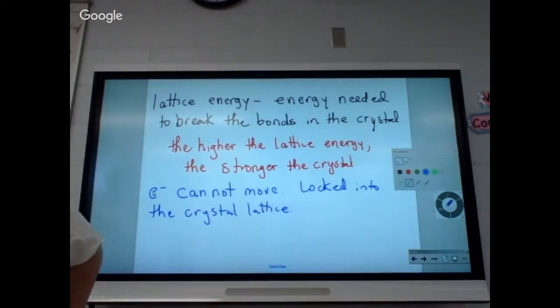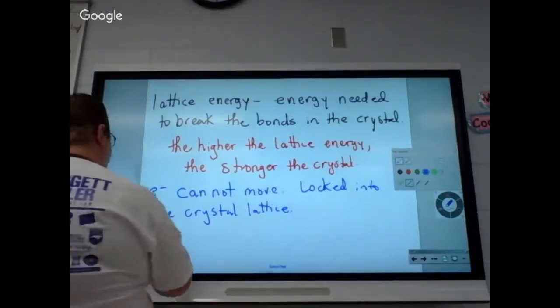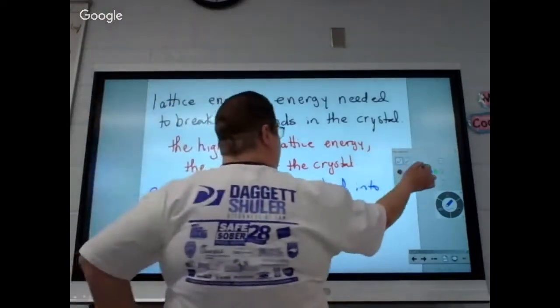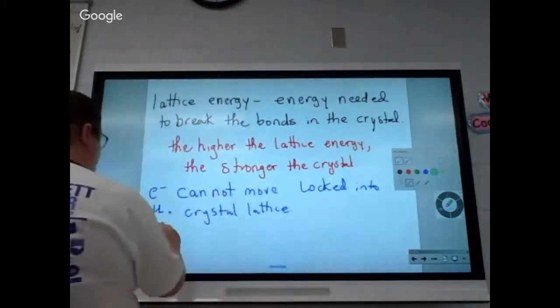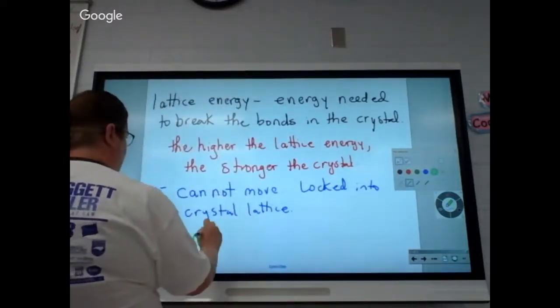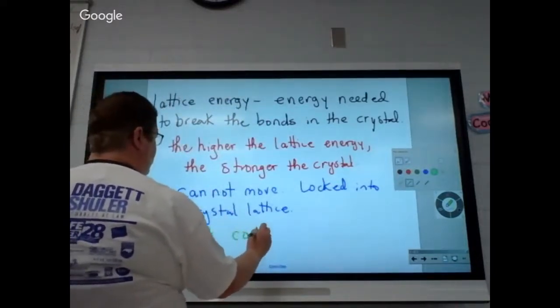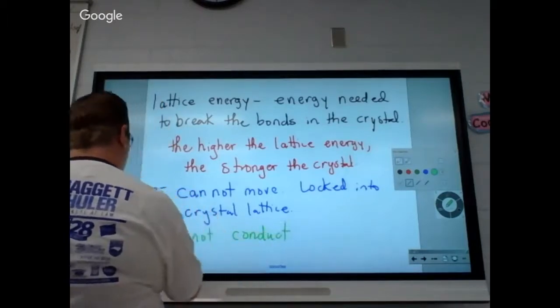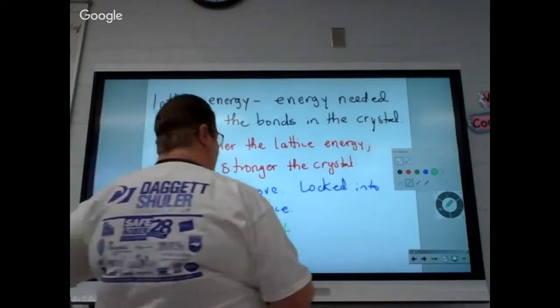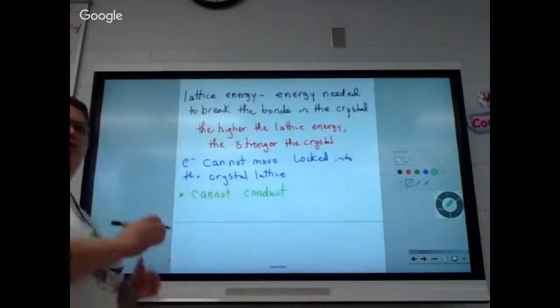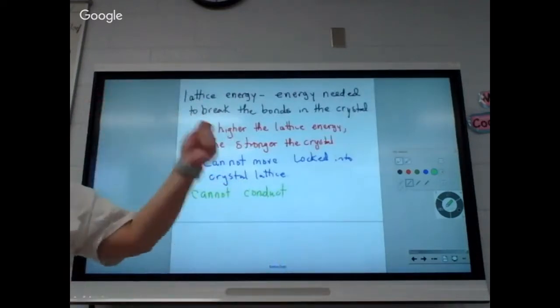Can they conduct? No. They cannot conduct. Are they malleable? Can their electrons move out of the way if somebody hits them with a hammer?